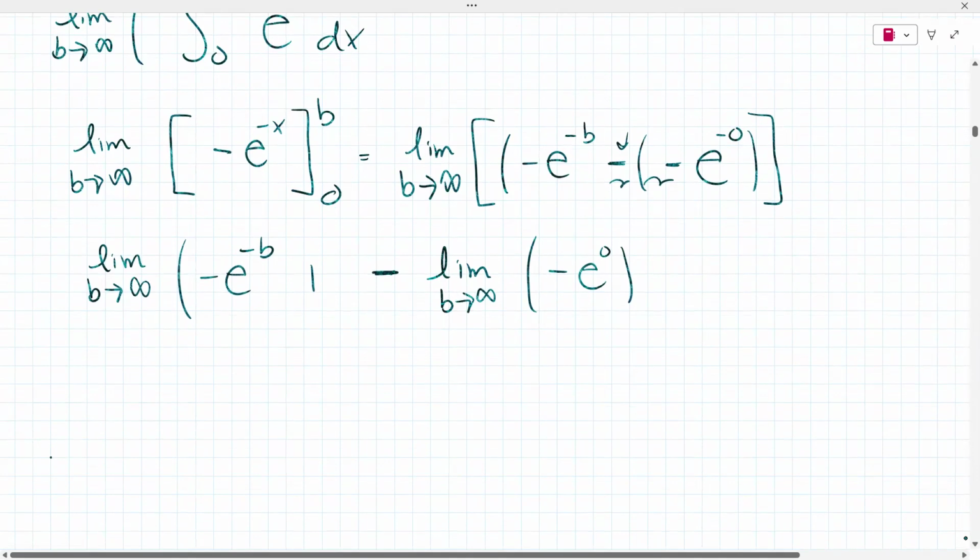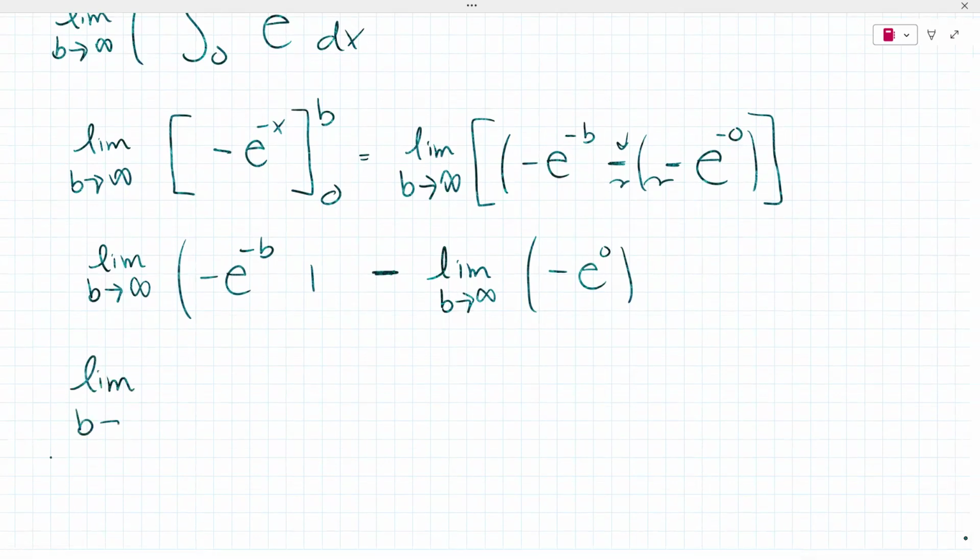Okay, so we're going to rewrite it as the limit as b goes to infinity. How can I write negative e to the negative b? You can write that as a positive power. So that'd be negative 1 over e to the b, minus the limit as b goes to infinity.